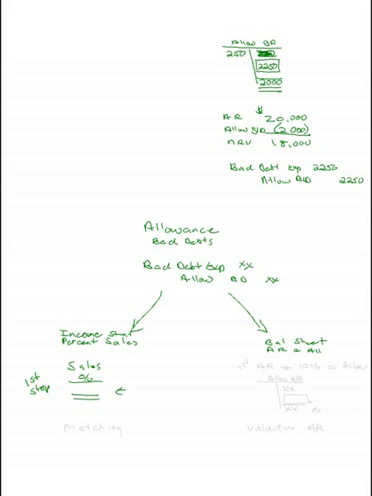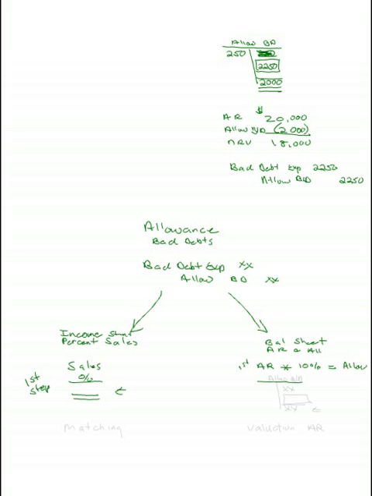In the balance sheet method, focus on the accounts receivable and allowance. You know what your accounts receivable is, and you know that some percent of that will go bad. In our last case, it was 10%. This is the balance you want the allowance account to be. That's the first step.